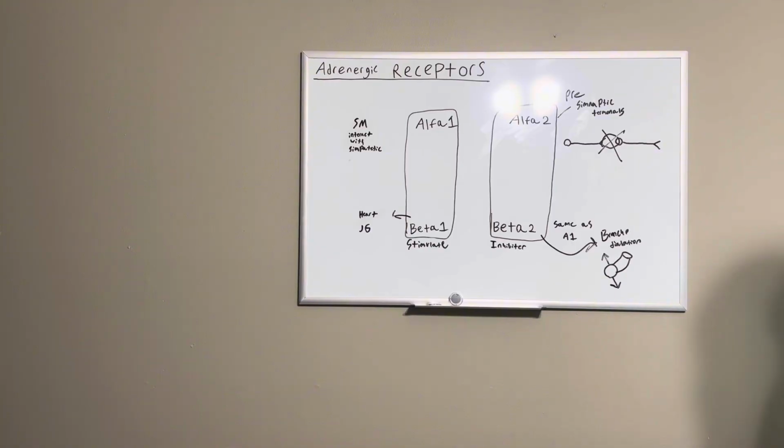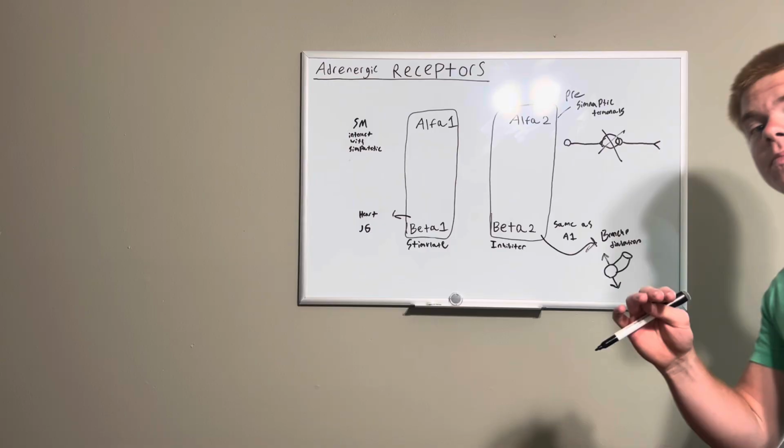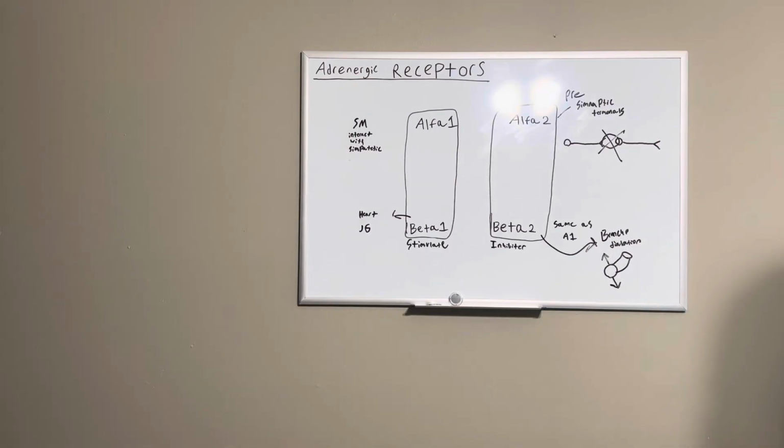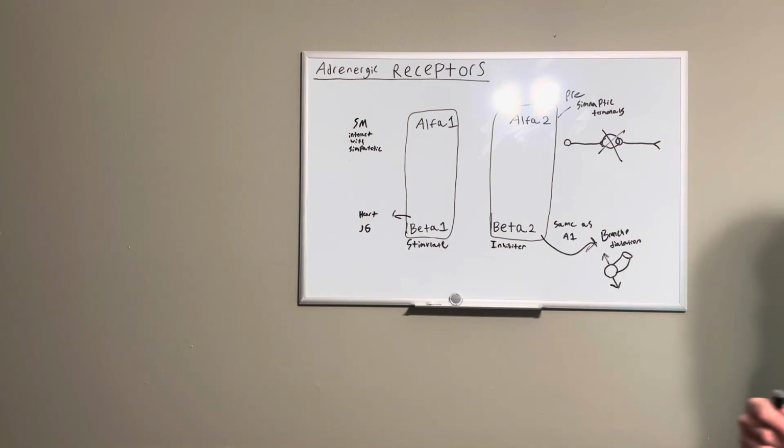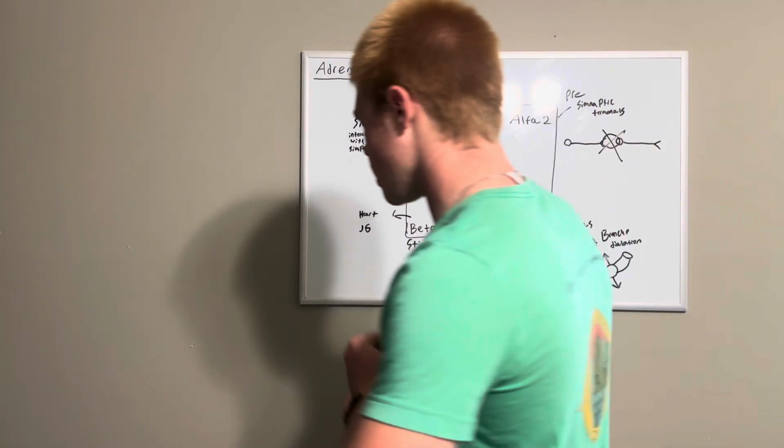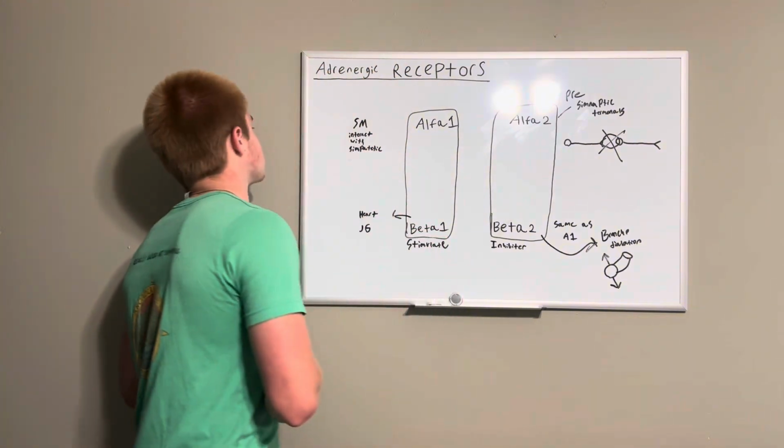So next up, beta 1. This is one of the stimulants. This is the heart and the kidneys. Whenever a beta 1 agonist is interacted with and is doing its job, the heart rate, contractility, blood pressure, and blood volume are all going to increase. The heart rate and contractility come from the heart, and blood volume is mainly through the kidneys, and blood pressure is a little bit of both.